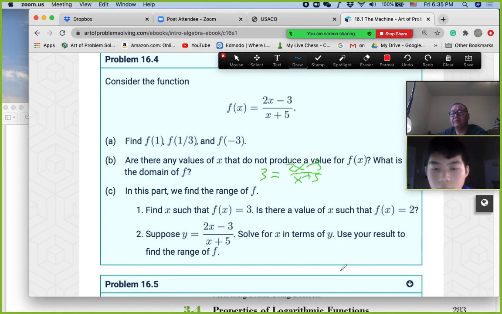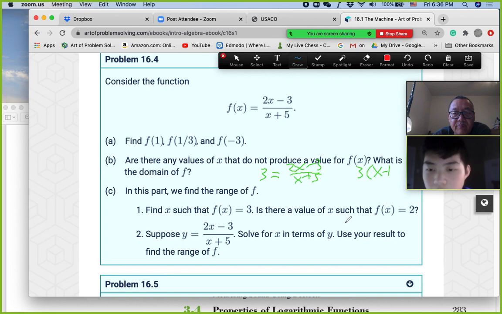Okay, wait. I think I forgot how to do this. Oh, both sides times the denominator. Oh, okay. Then you can make this fraction go away.